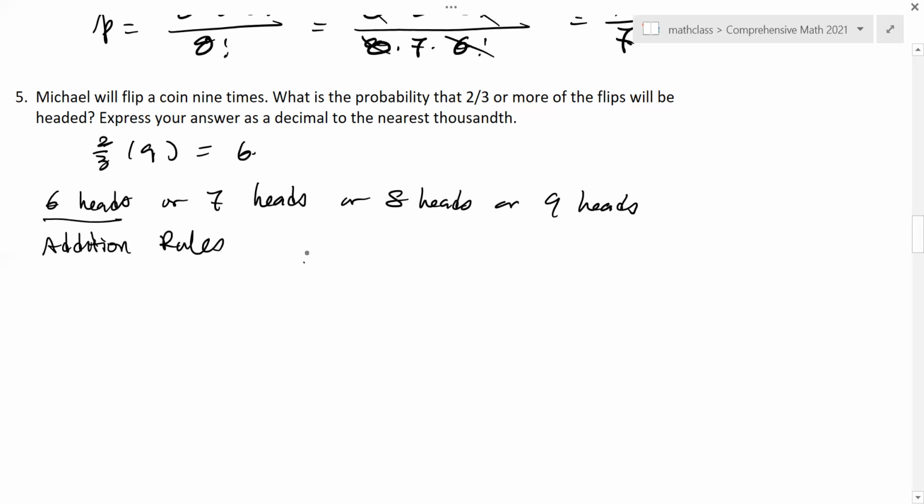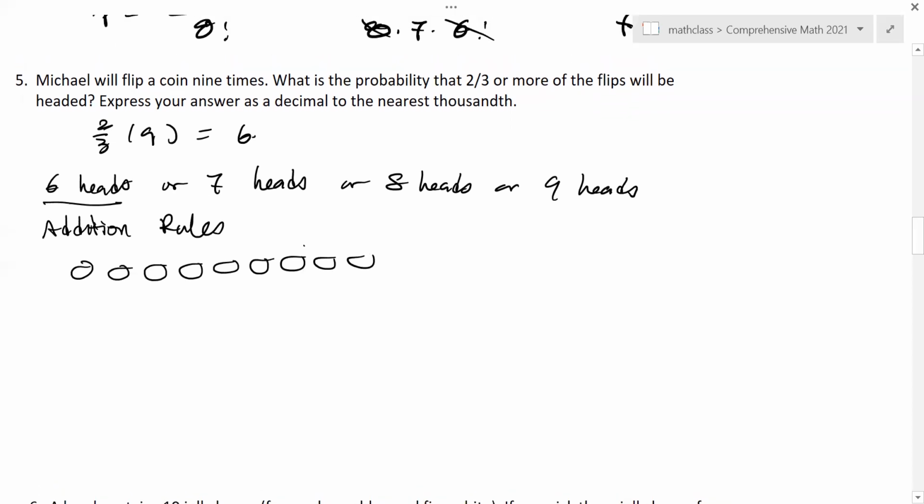So as I said, if you have 1, 2, 3, 4, 5, 6, 7, 8, 9, the probability you will get 6 heads, first of all, the denominator: for each of the coins, right?